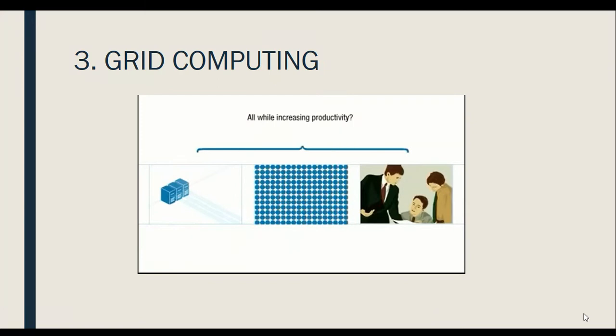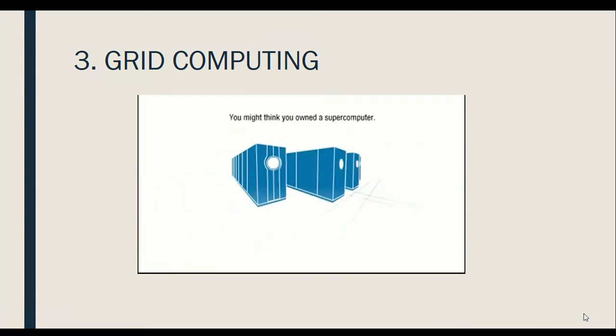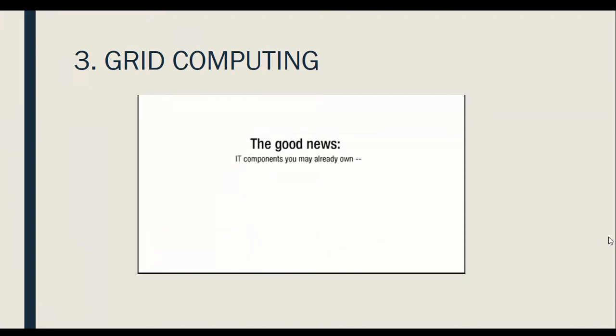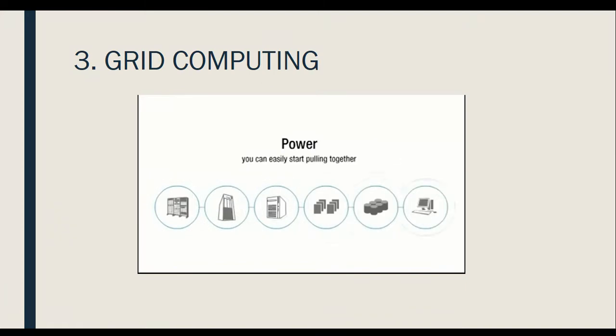While increasing productivity. You might think you need a supercomputer, and in today's on-demand world, it can feel like you need one, just to get the detailed results, always faster, always more accurately, that make you competitive in the marketplace. The good news? IT components you may already own: mainframes, Unix servers, Intel servers, databases, storage systems, even desktop computers and workstations harbor enormous untapped processing and storage power.